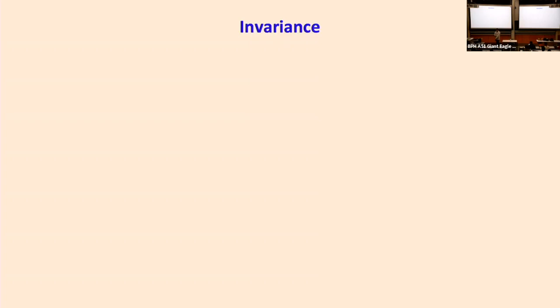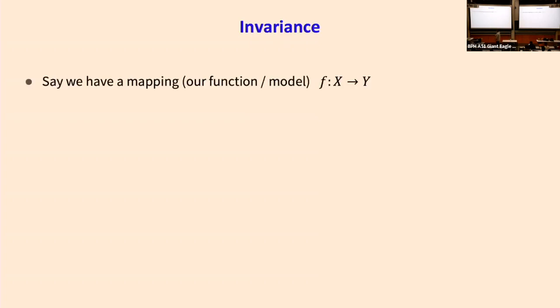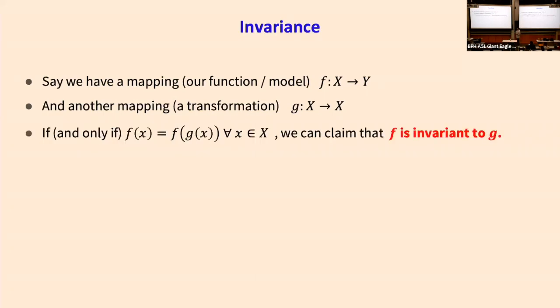Say we have a function f, which would be our model, which takes our input space X to the output space Y. We have another mapping g, a transformation, which takes the input space to another vector in the input space, X to X. If we can prove that for all inputs x, f of x is the same as f of g of x, then we call f invariant to g. Are we following the math here? It's pretty straightforward at this point.